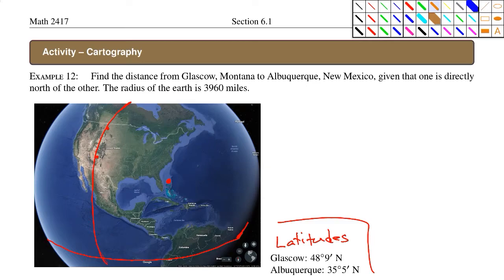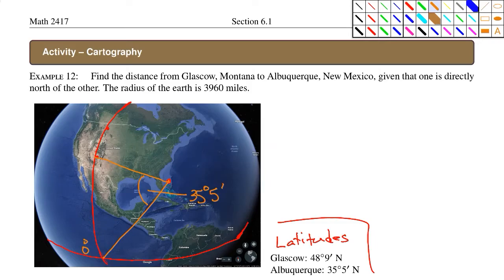I'm going to say here is 0 degrees, going from the center of the Earth to the equator on our particular line of longitude. Then I can measure up to Albuquerque, and this angle is the latitude for Albuquerque. That angle is 35 degrees, 5 minutes.